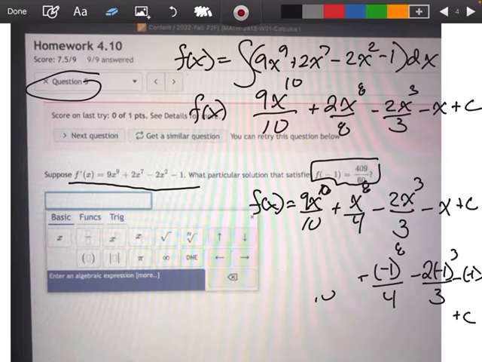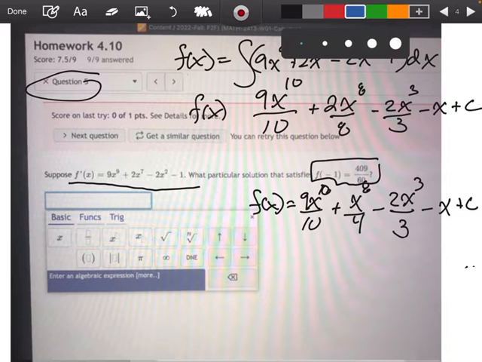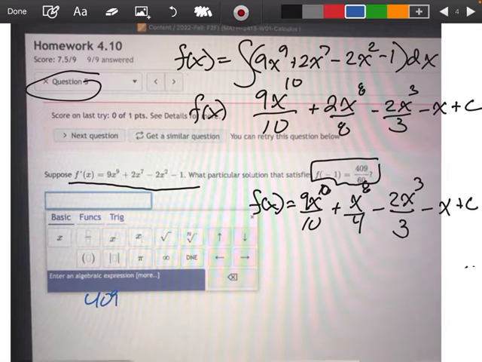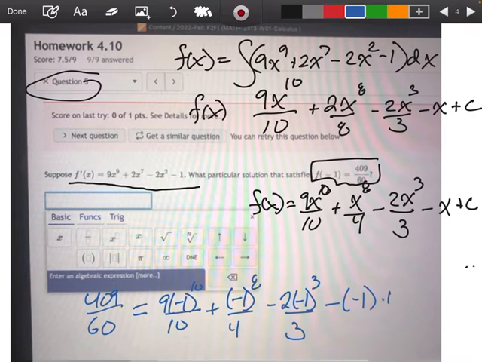I've got a ton of room over here, let me use it. So 409 over 60 equals 9 times negative 1 to the 10th over 10 plus negative 1 to the 8th over 4 minus 2 times negative 1 to the 3rd over 3 minus a negative 1 plus c.